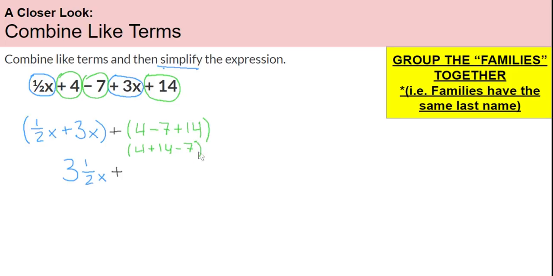So I'm going to add 4 and 14 first. So I stay positive. That's 18. 18 minus 7 will give us 11. So there's our answer. We've simplified the expression: 3.5x plus 11. I cannot do it anymore. You cannot add 3.5x and 11 because they are not like terms. That is simplified.